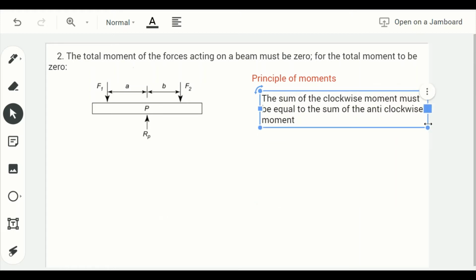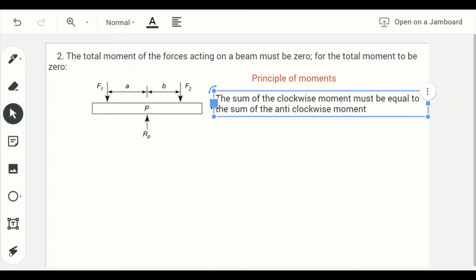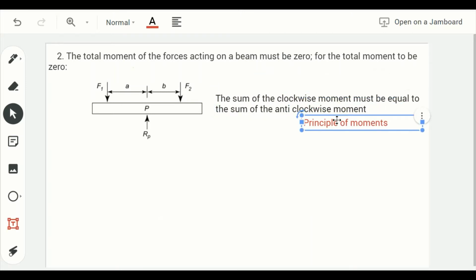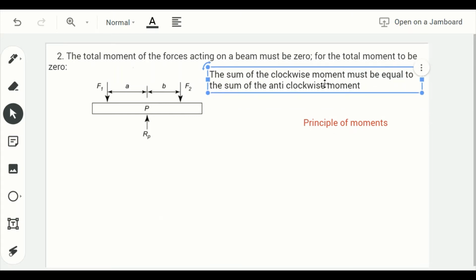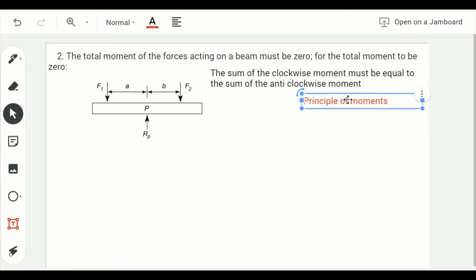Alright, now this is known as the principle of moments, which states that the sum of the clockwise moments must be equal to the sum of the anti-clockwise moments.